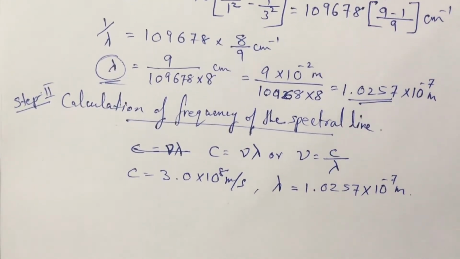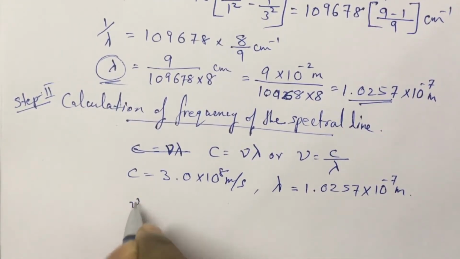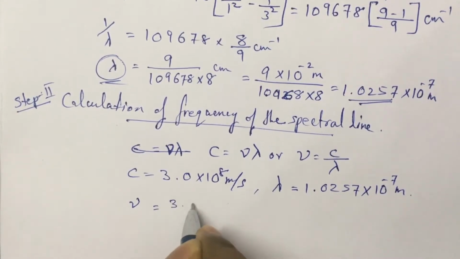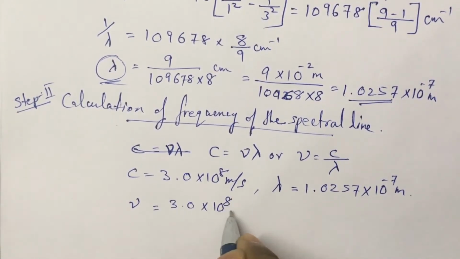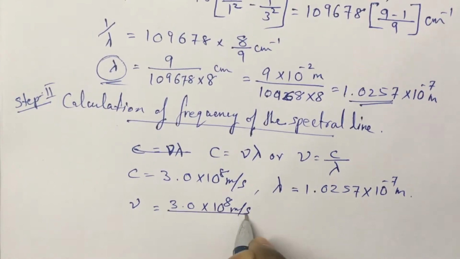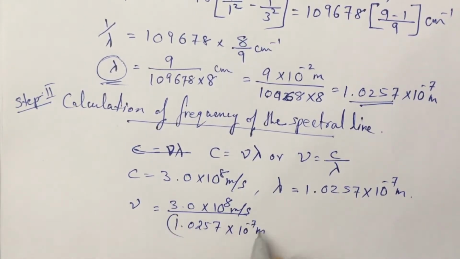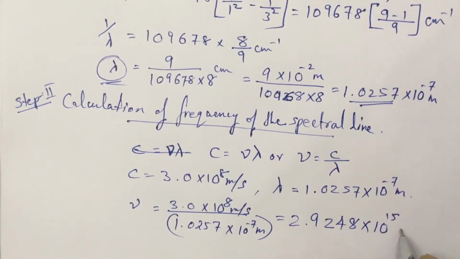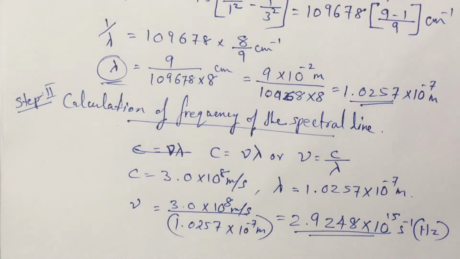Now applying in the formula, nu, the frequency, is equal to 3.0 into 10 raised to 8 meter per second divided by 1.0257 into 10 raised to minus 7 meter. While calculating this, we get 2.9248 into 10 raised to 15 second inverse, or you can also write it as hertz. So this is the frequency of the spectral line.